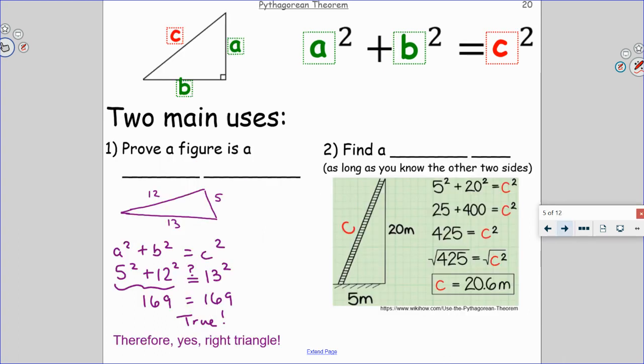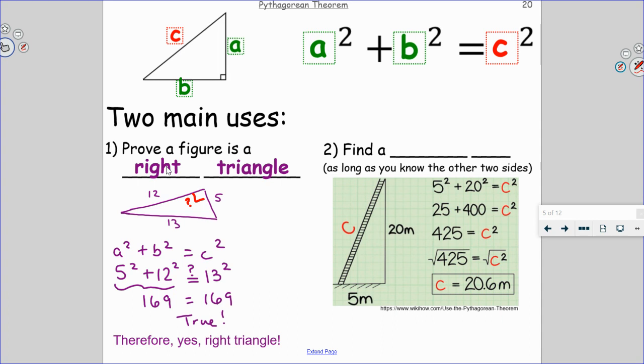To continue on, there are two main uses of the Pythagorean theorem, at least for our 7th and 8th grade pre-algebra courses. Number one, we're going to justify that a particular triangle is in fact a right triangle. So notice right here, it looks like a right angle, but looks can be deceiving, right?